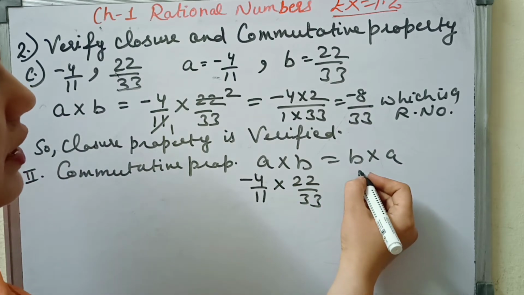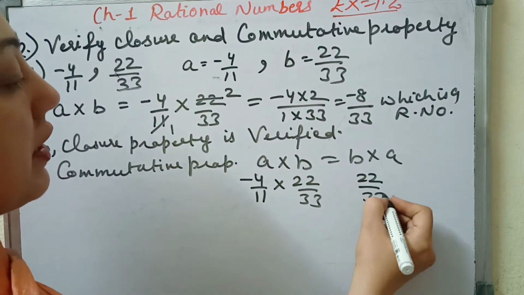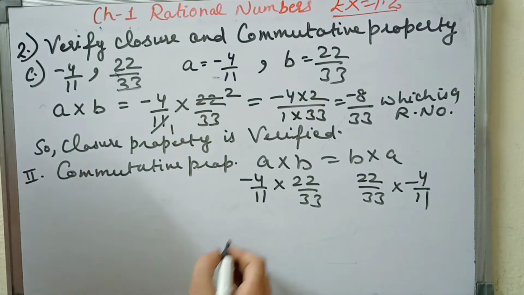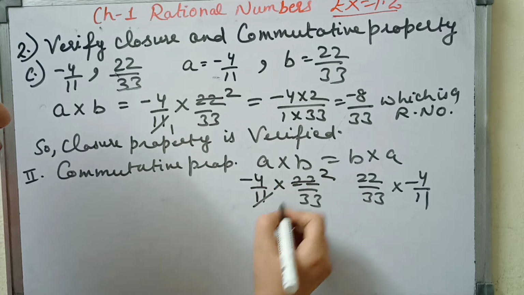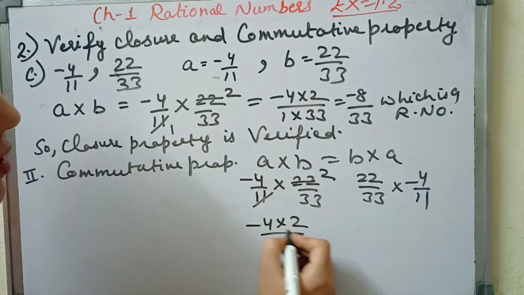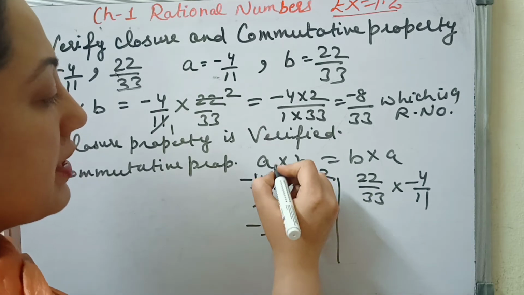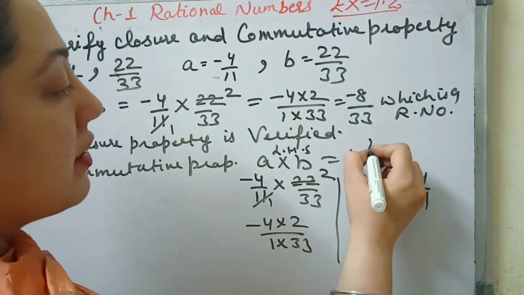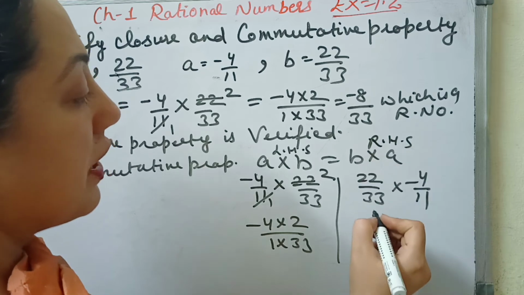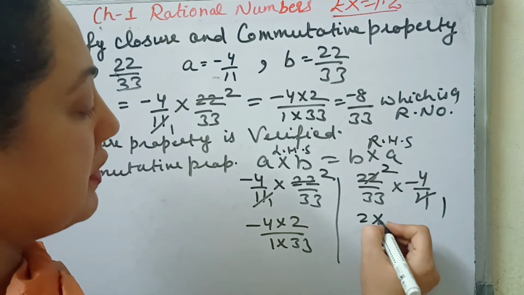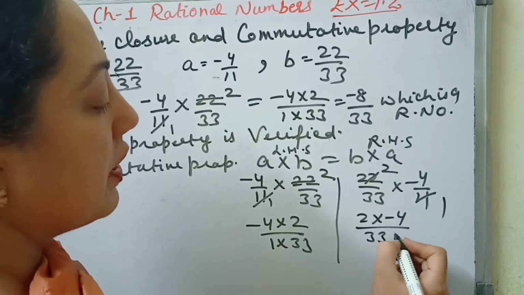Now I put here B is 22 over 33 and A is minus 4 over 11. Now do the calculation. 11 2s are, minus 4 into 2 and here 1 into 33. On the right hand side, again do the cutting. 11 2s are, and do the multiplication, 2 into minus 4 and 33 into 1.